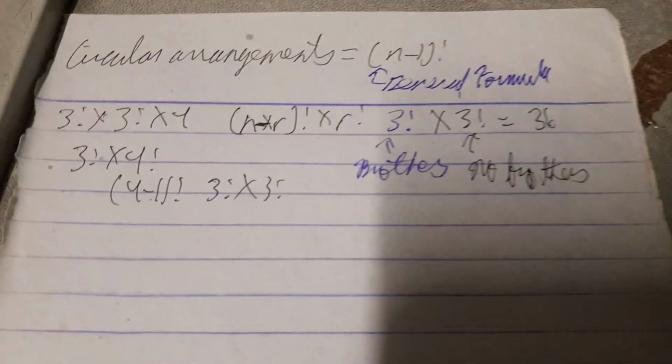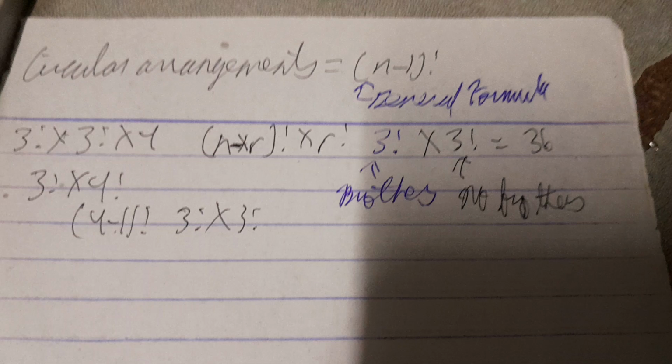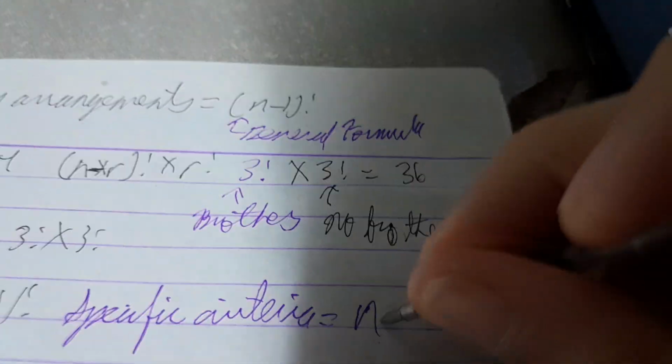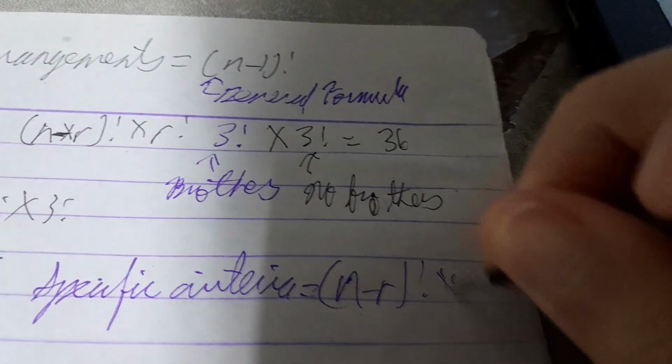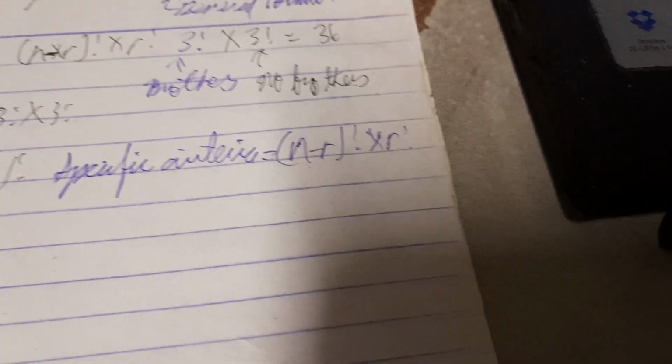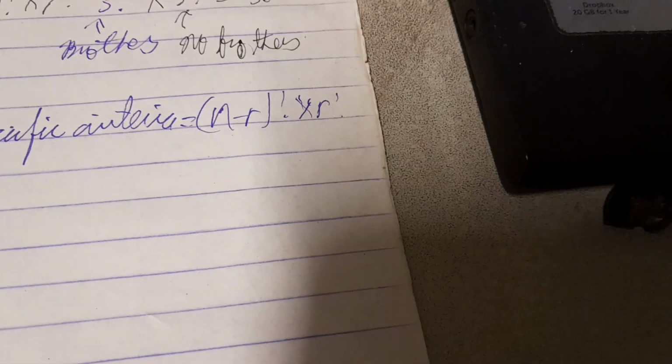That's the formula whenever you have a restriction. The general formula is always n minus 1 factorial. When there is a specific condition or criteria implied, it's always n minus r factorial times r factorial. n stands for the number of elements in the population, and r stands for the elements with the conditional criteria.